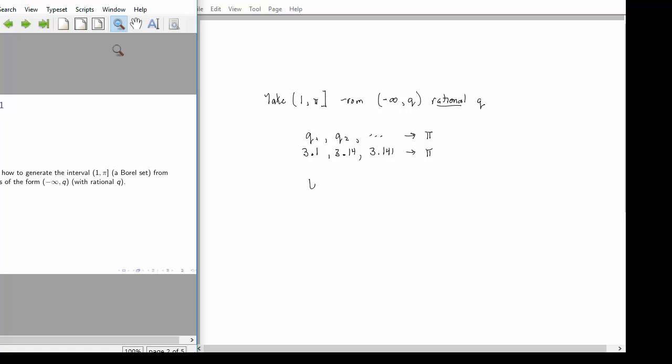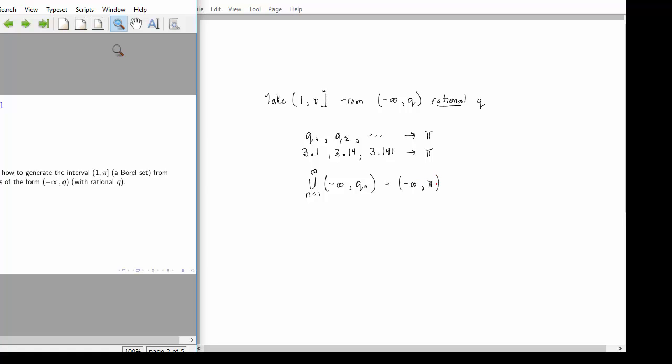Then, since in a sigma field I'm allowed to form countable unions, I will take the countably infinite union of intervals that extend from minus infinity up to q sub n, and that's equal to the open interval from minus infinity to pi.